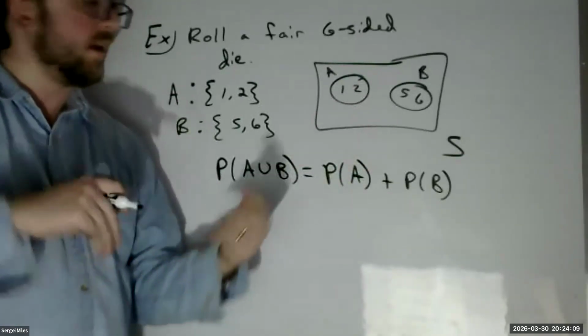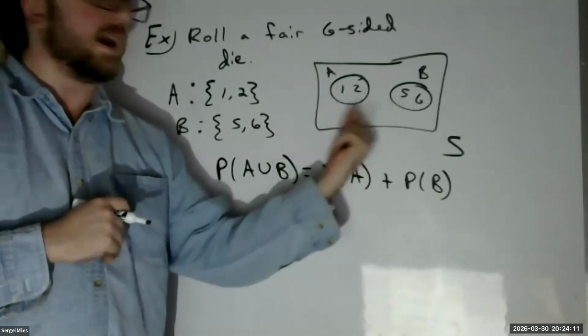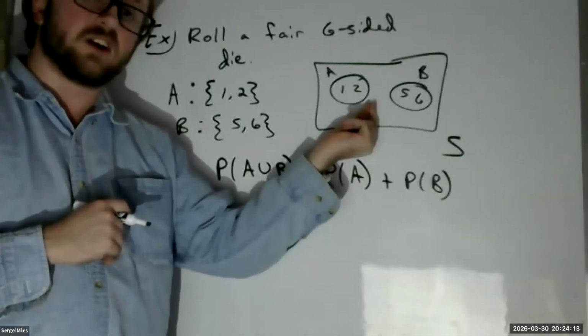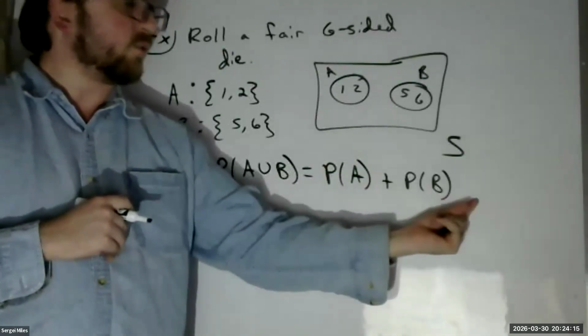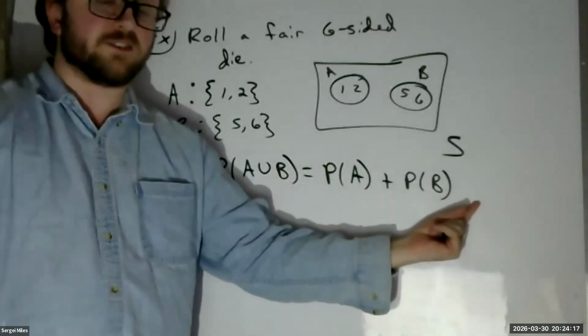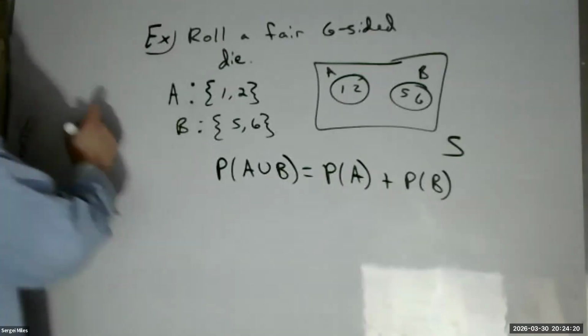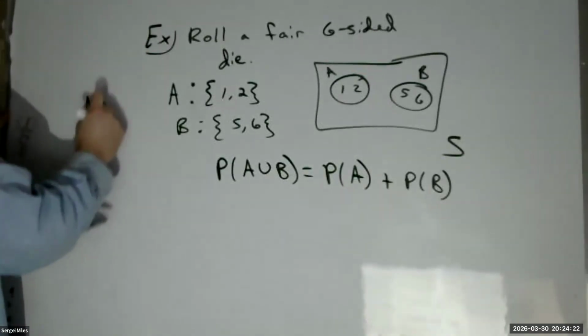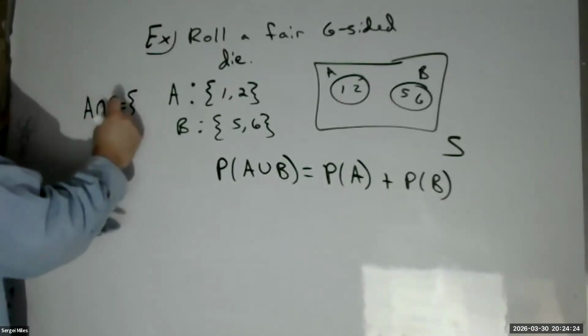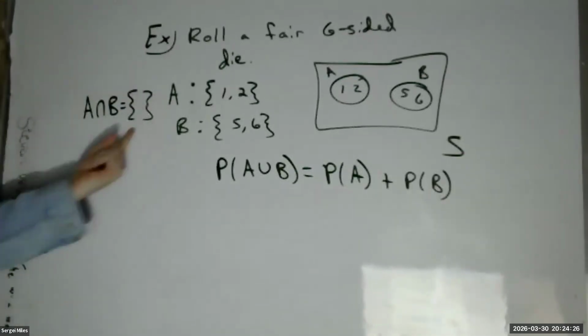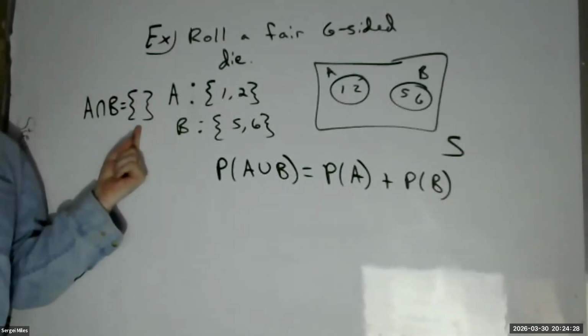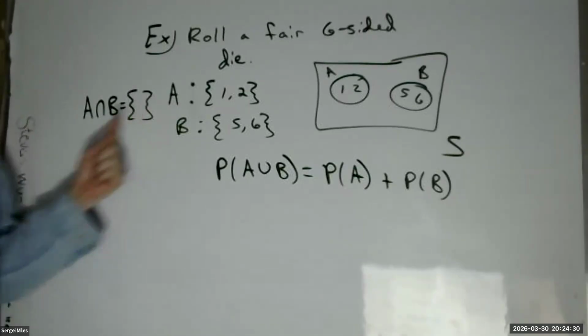They're not crossing. There's no number I'm double counting by accident because they share it in common. I don't have to worry about subtracting their intersection. In fact, their intersection is empty. Right? If I look at their intersection, they share nothing in common. Their intersection is an empty set with nothing inside of it.